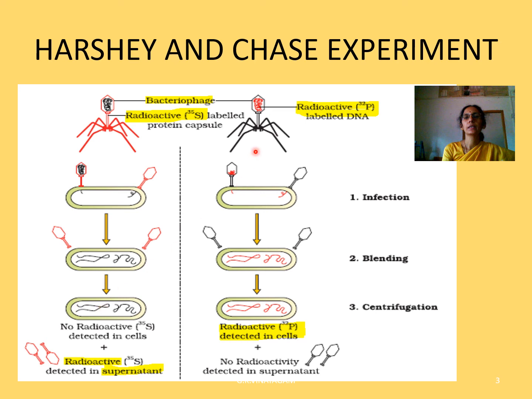This is a phage particle grown in a medium containing radioactive phosphorus. Here DNA is showing the radioactivity. The phage is allowed to infect the bacterial cell. When the infection was proceeding, it was agitated in a blender followed by centrifugation.